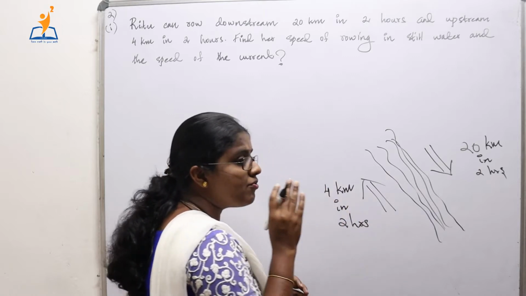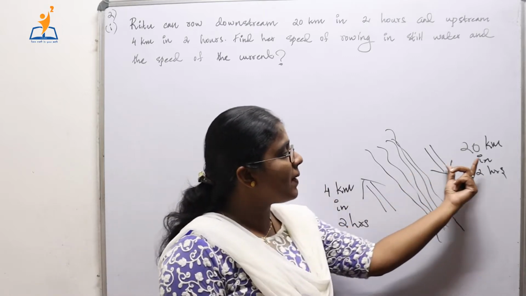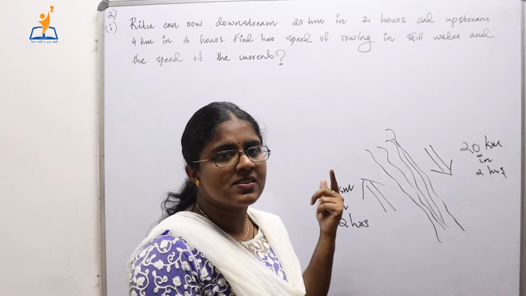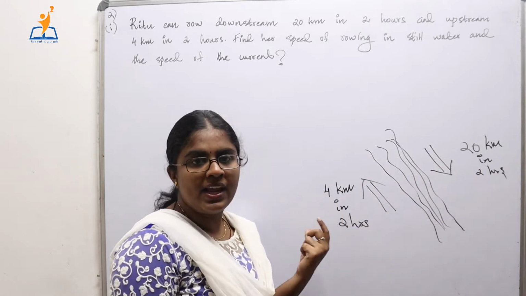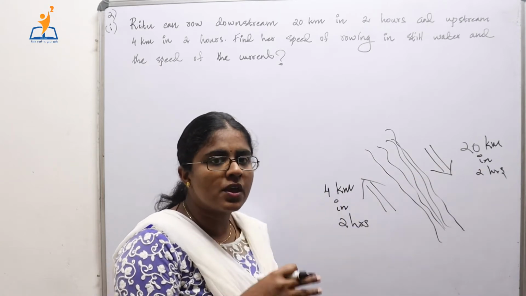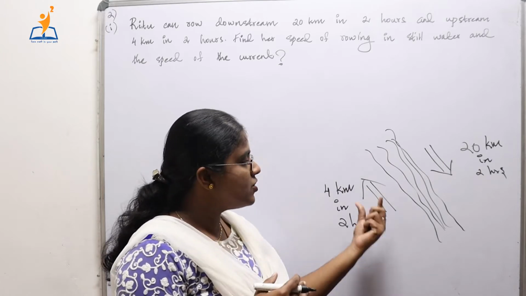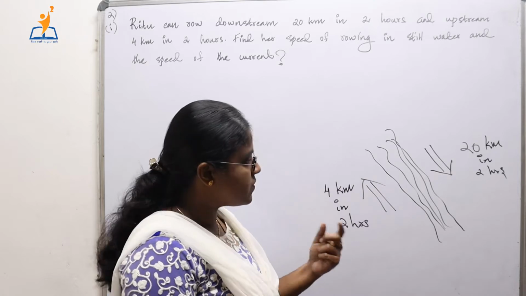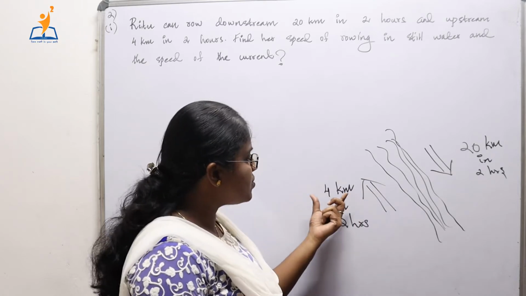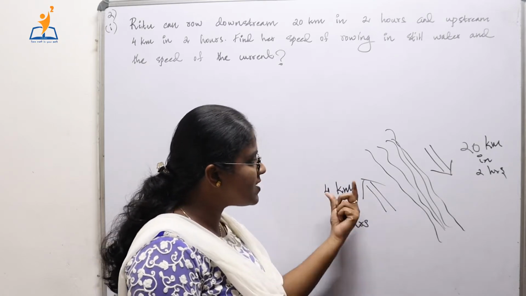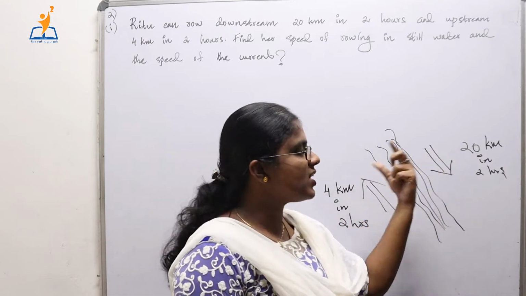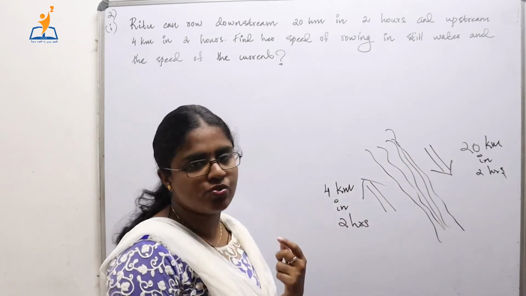She only covered 4 kilometers when compared to this. The distance covered is much less while rowing upstream. It is because she has to row against the speed of the current to row upstream. So that is the difference. She covered 4 km in 2 hours while rowing upstream and 20 kilometers in 2 hours while rowing downstream.